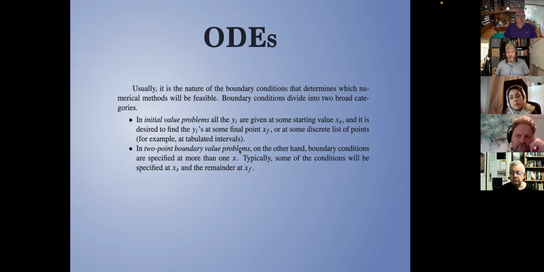A boundary value problem is, I shot my cannon from here and 10 seconds later, it landed 100 meters over that way. What path did it take between those two values? So you set the boundaries and you try to fill in the gaps between. Initial value problem is, I know where it started, what happens next? Initial value problems are much more common and much easier to solve.